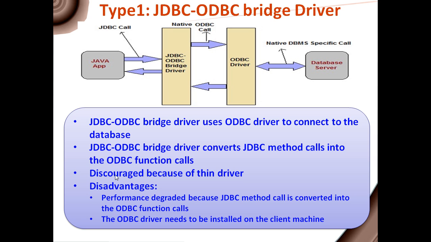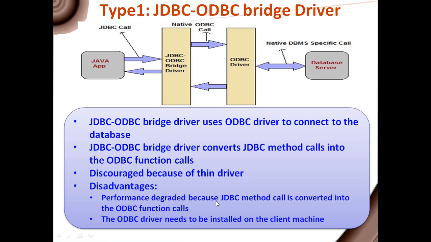This is discouraged because, as the evolution of different driver types has happened, when it comes to the further drivers, like for example the pure Java driver or thin driver, this type 1 driver is really discouraged. What were the issues with it? The issue was basically that there was a conversion happening. That means the performance was poor, because the JDBC method calls were converted into ODBC function calls. You can see this as part of the bullet, as part of the disadvantages.